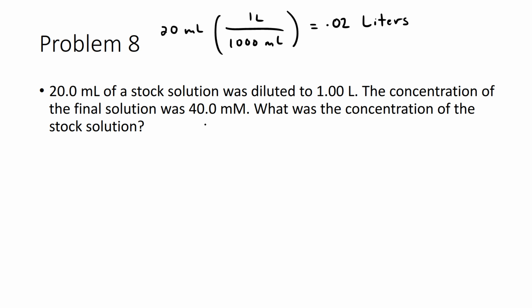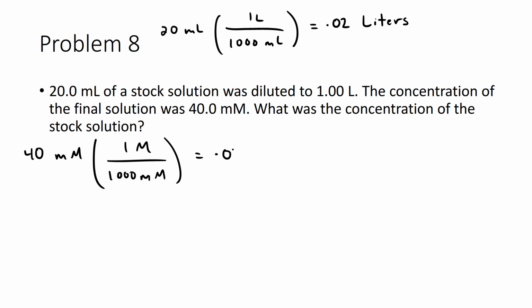We also want to convert the micromolar into molar. I'm sorry, millimolar into molar. So we have 40 millimolar. There are 1,000 millimolar in 1 molar. So this is just going to give us 0.04 molar.